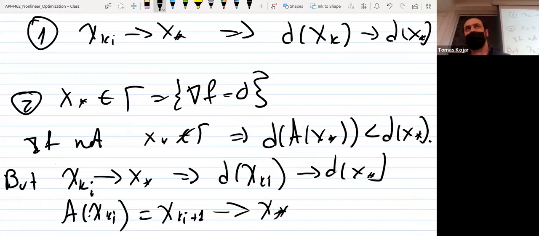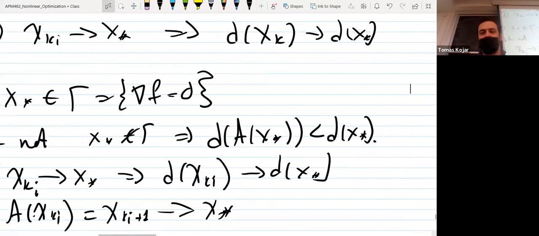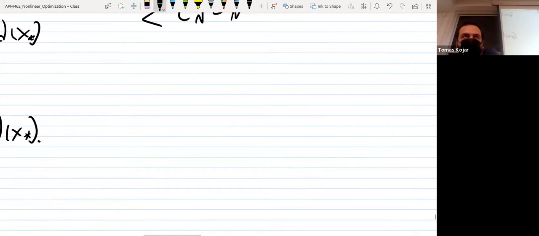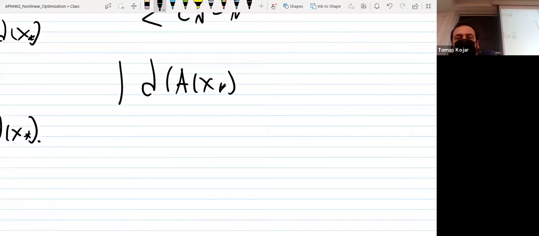Okay, so this is called the triangle trick. You'll see it once. I probably forget it, but let me do it. So take the difference, D of A X star minus D of X star.